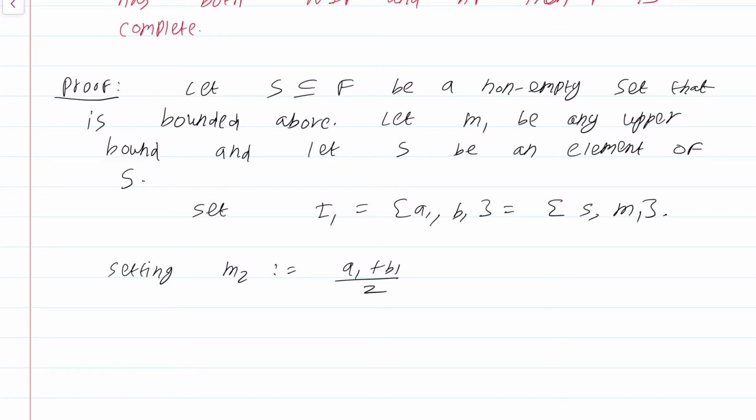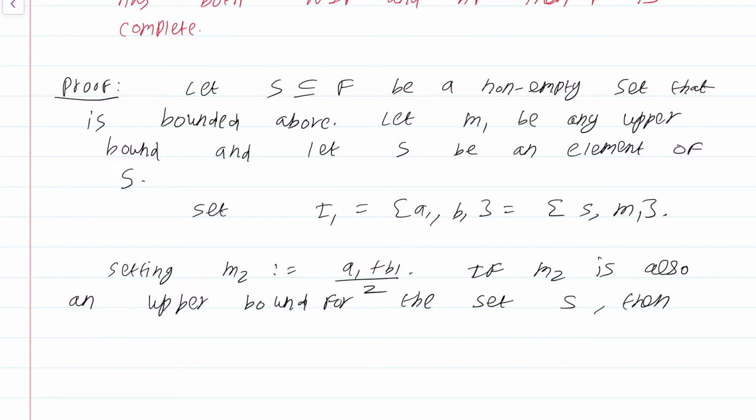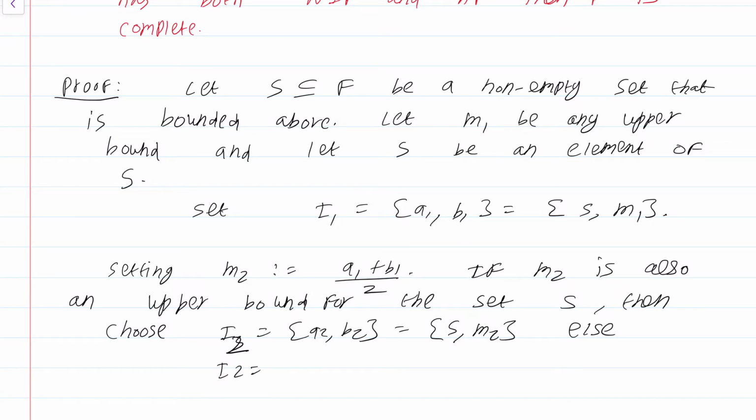Now, if M2 is also an upper bound for the set S, then choose I2 equal to [A2, B2] to be equal to [s, M2], else I2 equal to [A2, B2] is nothing but [M2, M1].